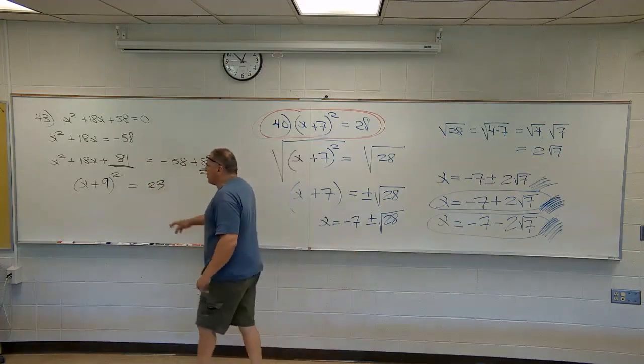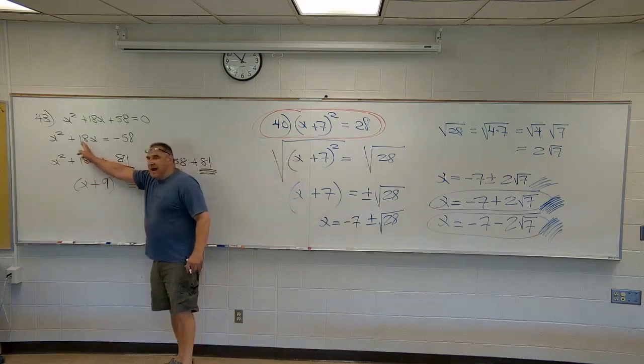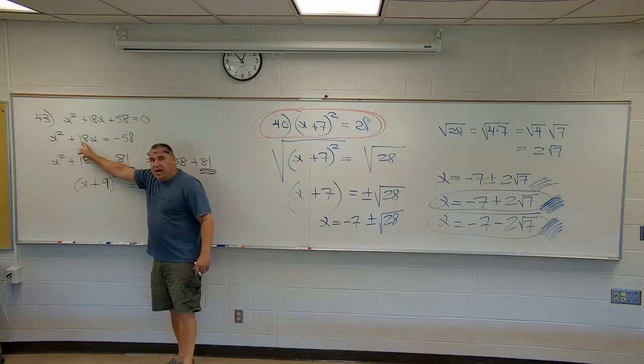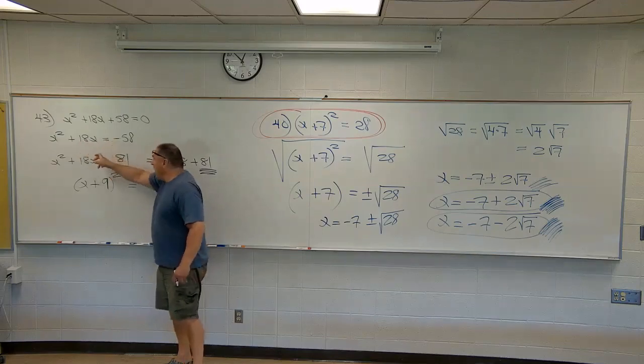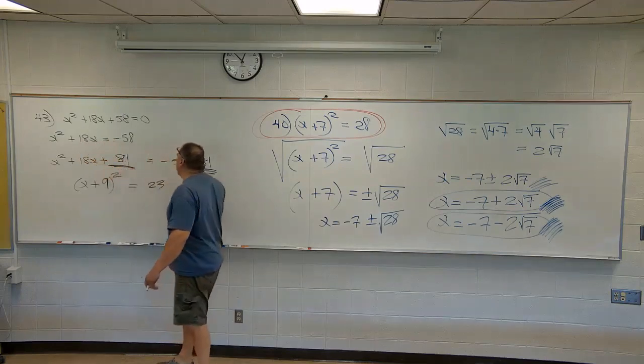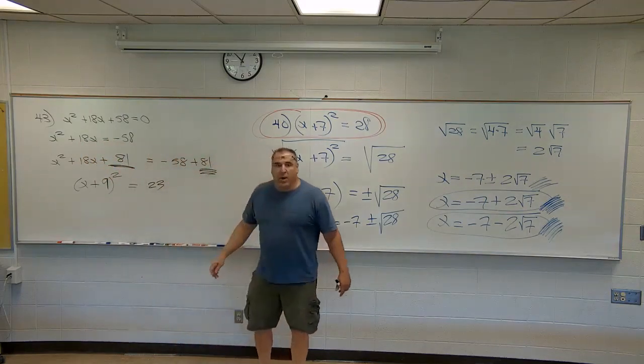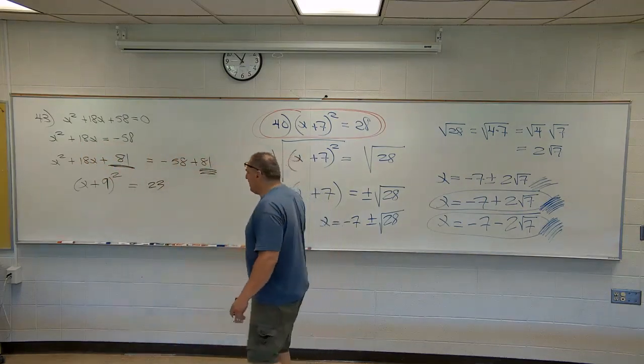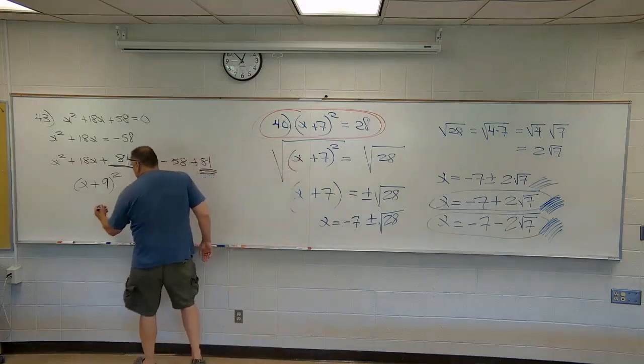Okay, the big move is right here, guys. Divide the 18 by 2, get 9, and square the 9. That's 81. Put 81 on the left-hand side, put 81 on the right-hand side as well. Now square root both sides.